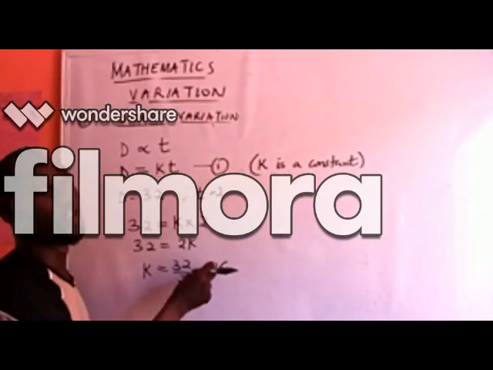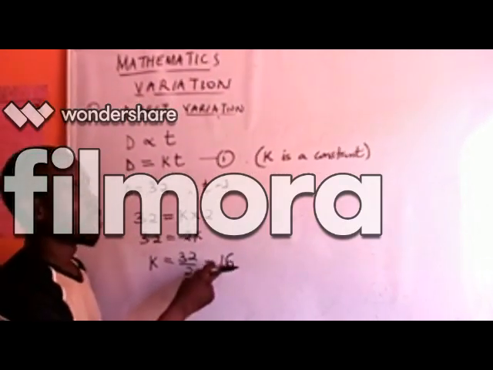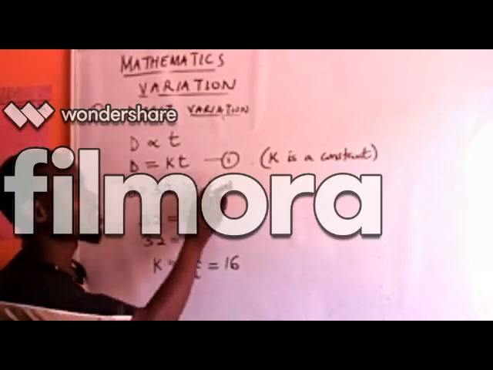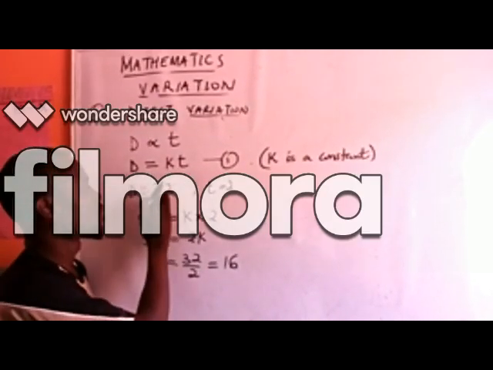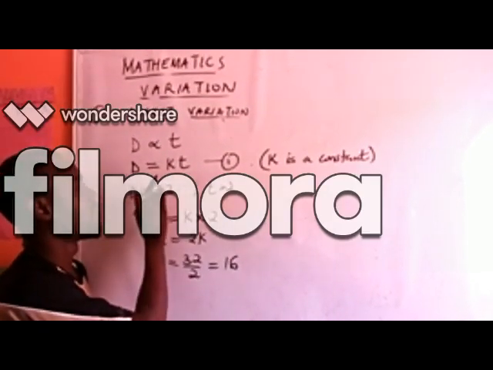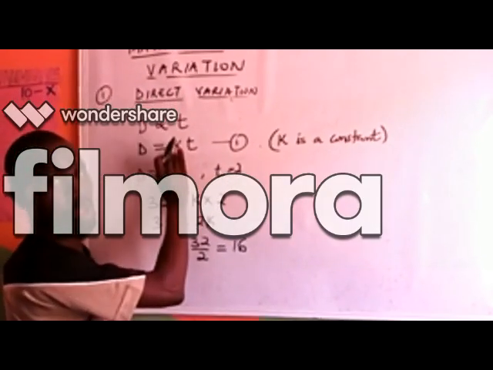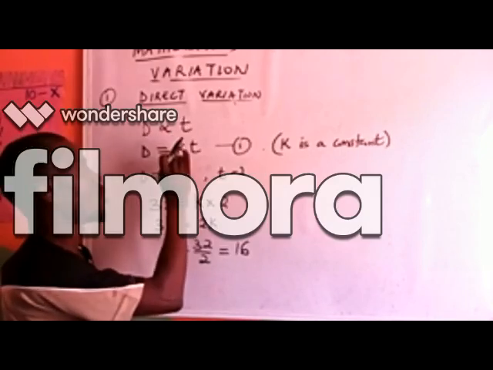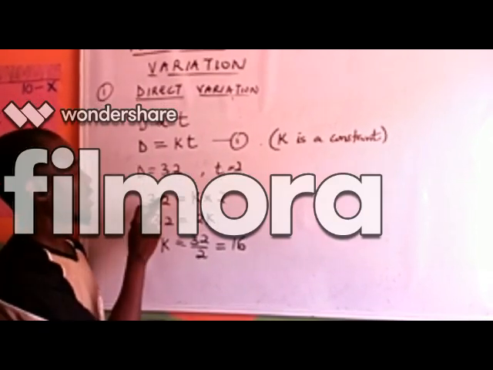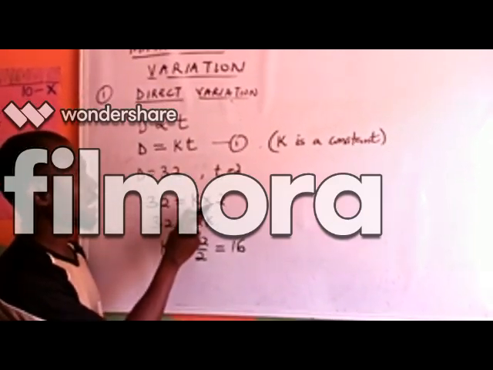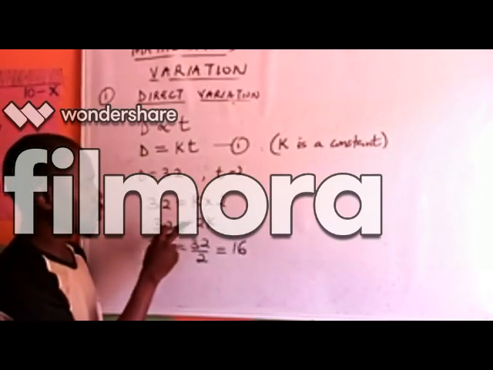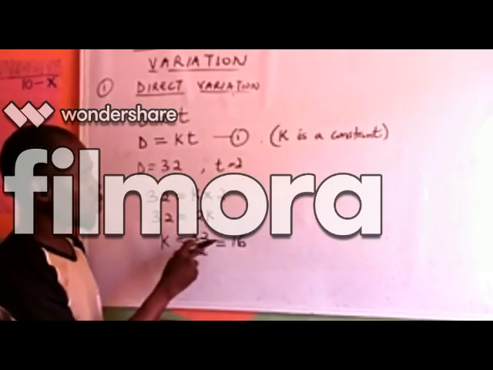This is the first thing you do when you are solving for variation. From the information you are given, you substitute the values of the letters into the equation where you have K. Now you have 32 equals K times 2. 2K is 32. Divide both sides by 2, it will give you 16.